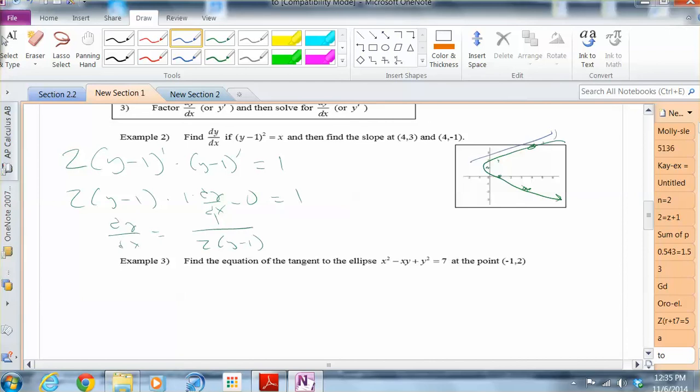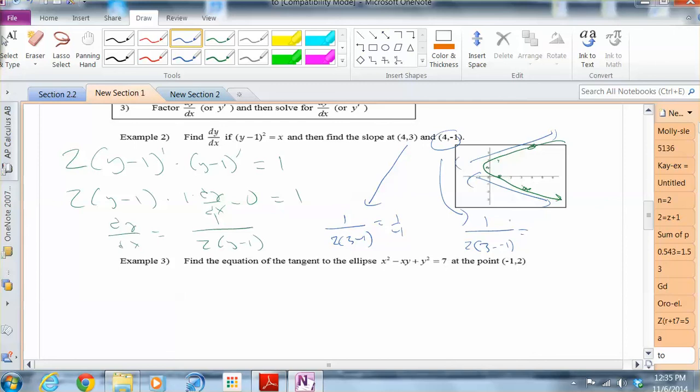So if you want to find slopes at those points, well, that's easy. At (4, 3), there'll be 1 over 2 times (3 minus 1). Notice there's nothing to plug in for x, so that's just 1/4. And at (4, negative 1), there'll be 1 over 2 times (3 minus negative 1), which would be, hold on, one sec here.